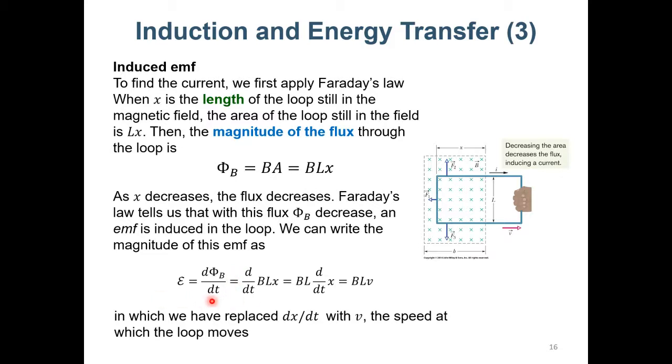We substitute Φ_B, and B and L are constant in time, so the only term inside is x. dx/dt is nothing but the velocity. So there will be an induced electromotive force, E equals BLv.